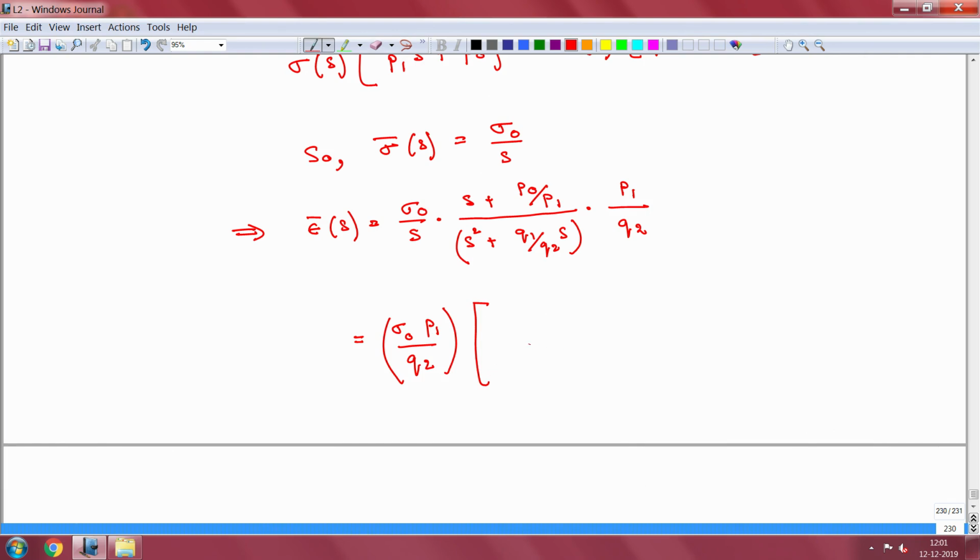And in the first, I am just going to split this into two partial fractions here, and here we will have, so this s will get cancelled with this one. So, we will have an extra s here, s plus Q1 by Q2, and on this side we have P naught by P1, we have s square, s plus Q1, right.